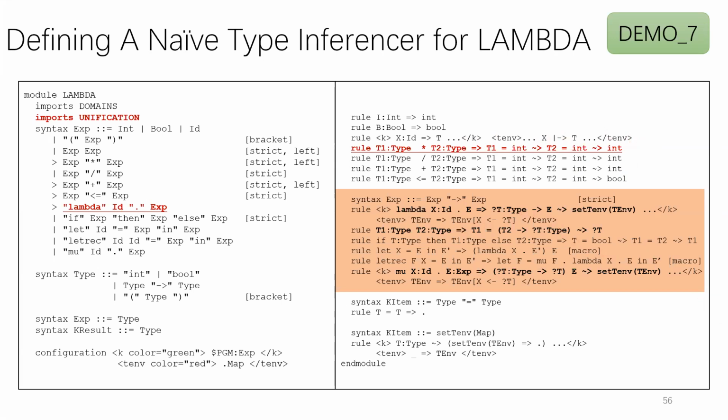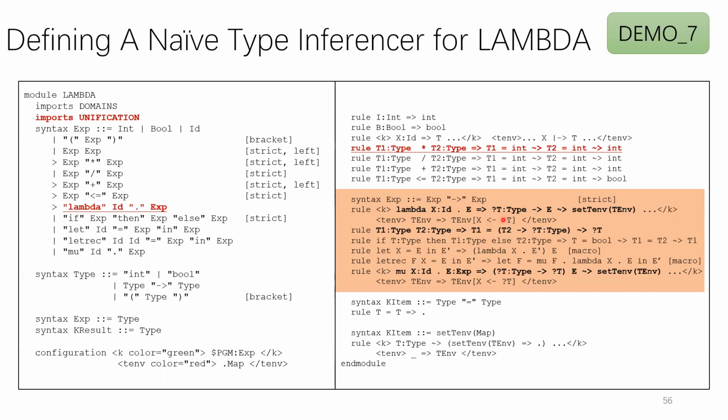Recall that when we type Lambda, we need to assign the binding variable a type variable. We just saw that because we don't know the type of the variable, we have to give it a type variable. In K, we can do that by using this question mark T notation.